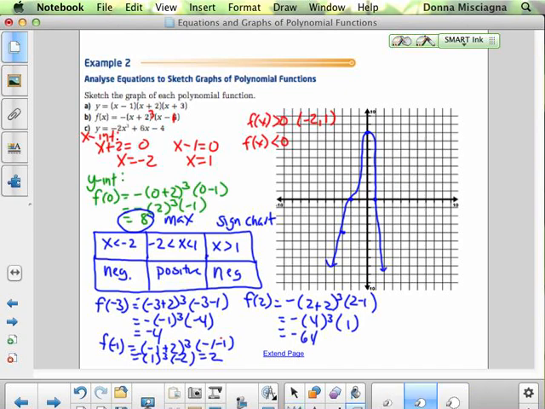I'll actually write that in. I think I have enough space. So it's positive where we're above the x-axis, and it's negative where we're below the x-axis. So f of x is less than 0 from -infinity to -2, and from 1 to infinity.